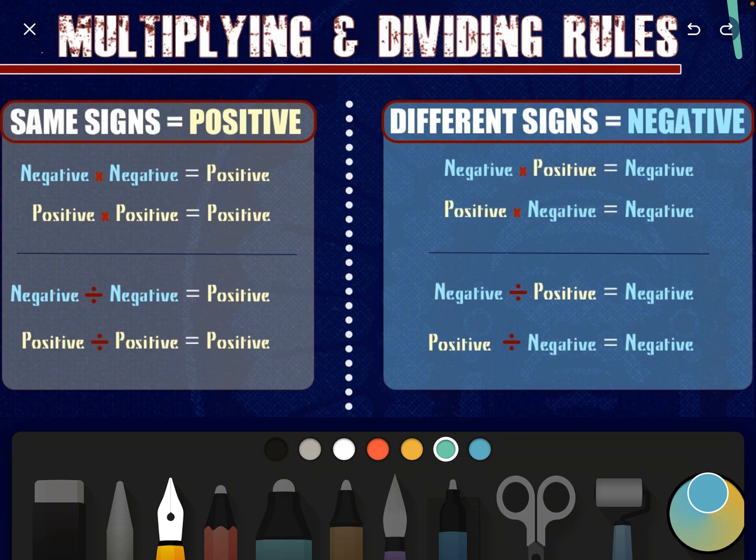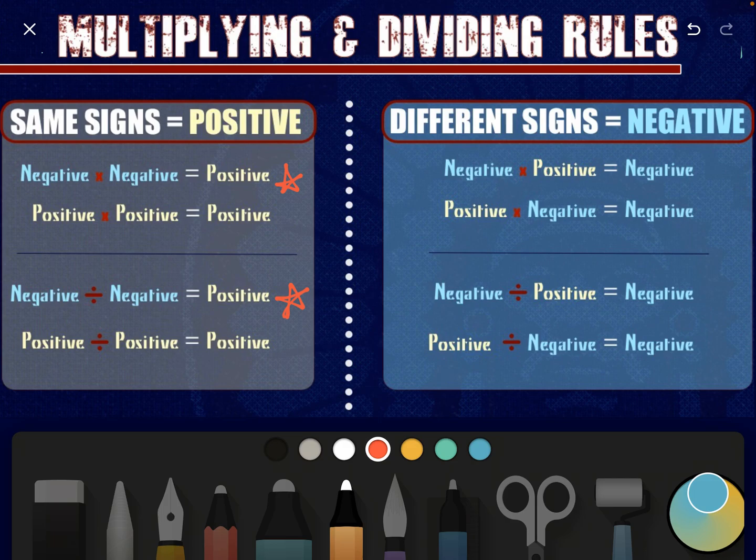A negative times a negative is also a positive. And I know that's the one that kind of gets a lot of people, but a negative divided by a negative is going to be a positive. And I'll go over some examples of that later on.